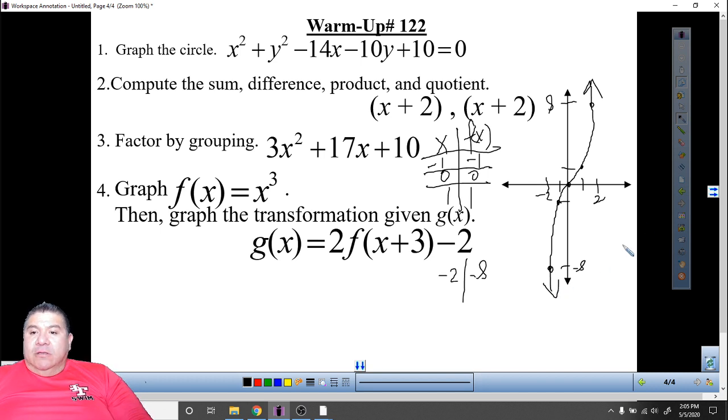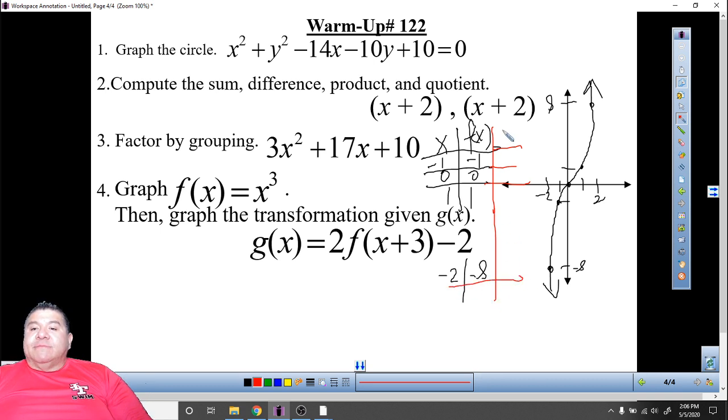But now they want us to do what? Times 2. So we add a column here. Times 2 f of x. All right, so 2 times negative 1 is negative 2, 0, 2, and this is negative 16, 8, 16.